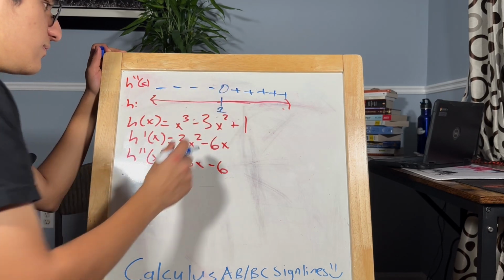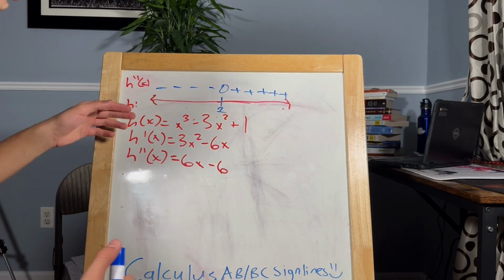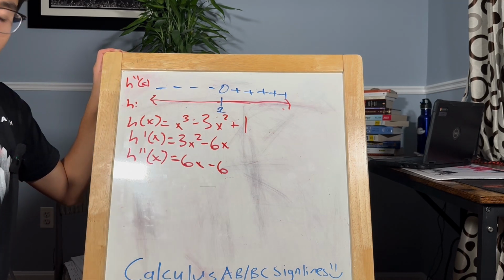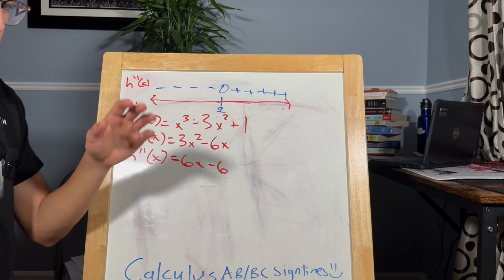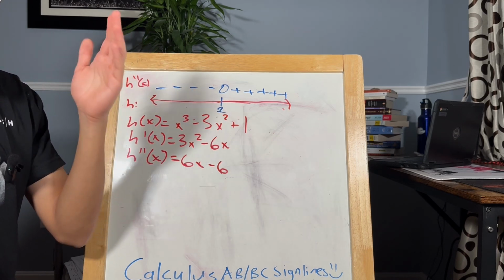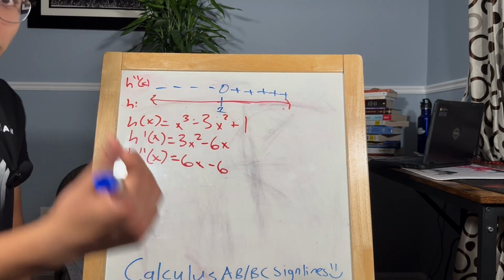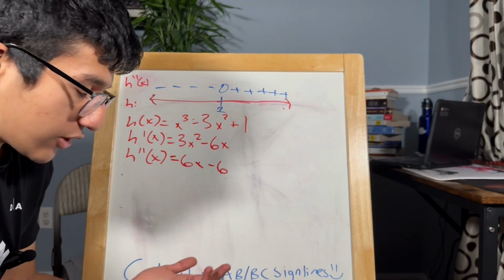So now, as we know, when the derivative is positive, the function is increasing, and if the derivative is negative, the function is decreasing. Another important concept that you need to know is the second derivative.